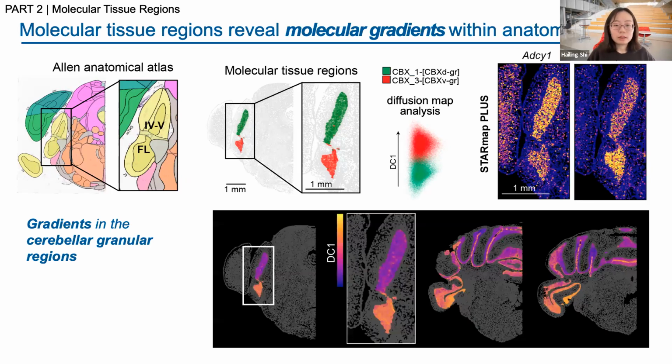And when extending this plot, we can observe, when we plot the diffusion map component on the spatial plot, we see this gradient in different lobules. And this is also in agreement with a recent single-cell RNA study in the granule cells of the cerebellum, where a continuity rather than distinct cell types is observed in those granule cells.